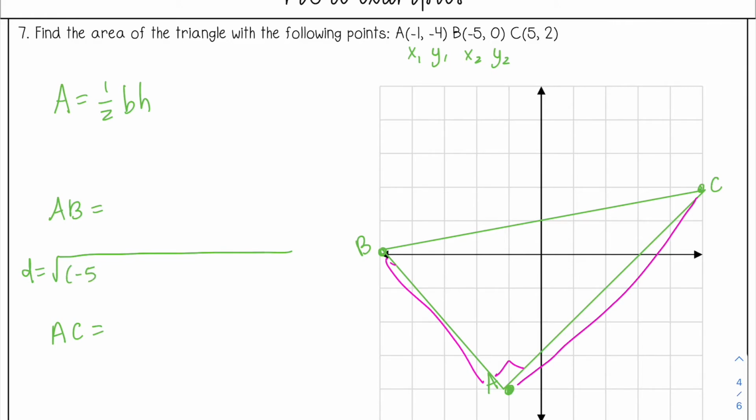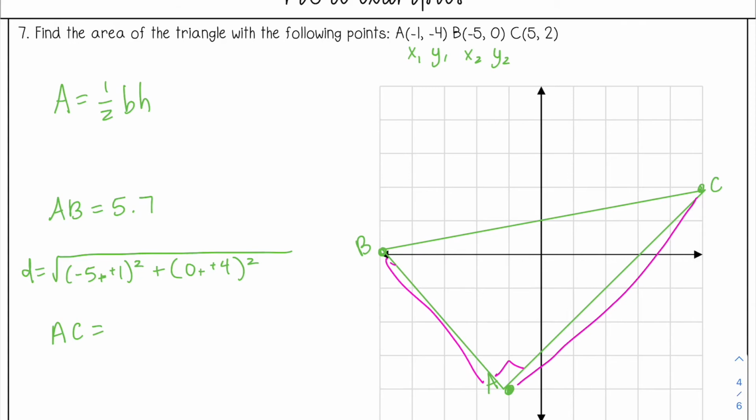So x2 minus x1 squared plus y2 minus y1 squared. Of course, you can change those minus a negative into pluses. All right, and I'm going to type this in my calculator. You can simplify a step further if you want before you type it in. It's up to you. And for AB, I get a length of about 5.7 when I round to the tens place.